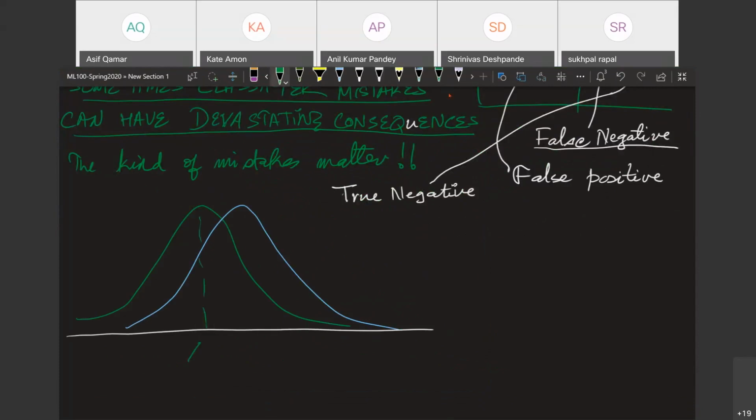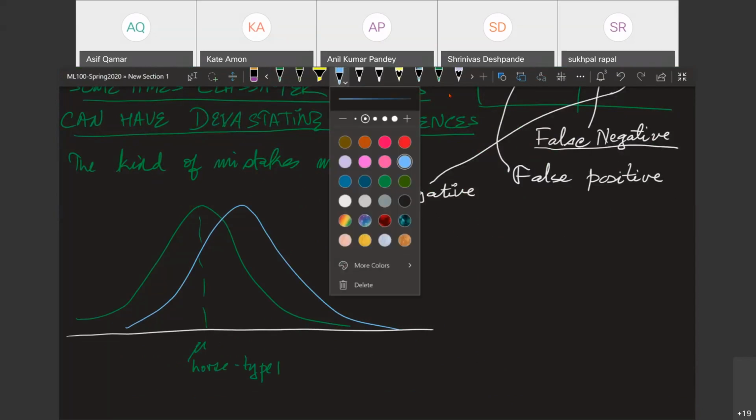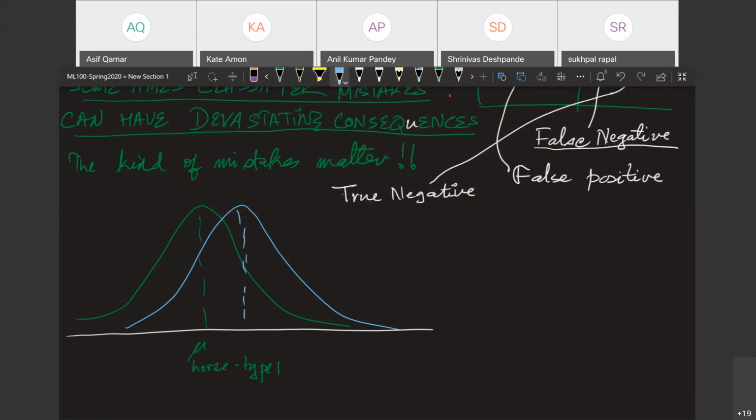Mu horse type 1, and this is horse type 2. Let us say this is mu horse type 2. The mu is the mean, at this location and this location on the x-axis.